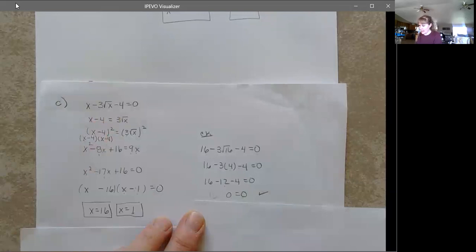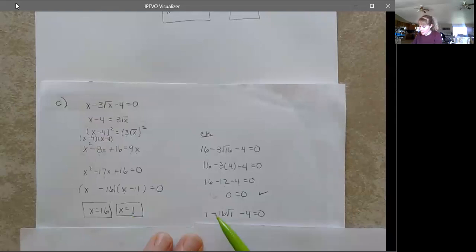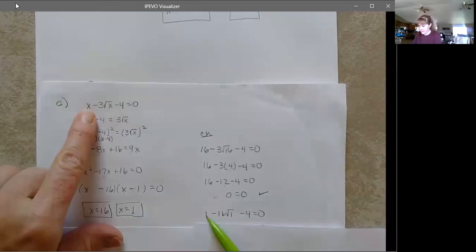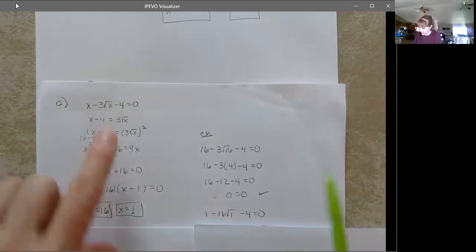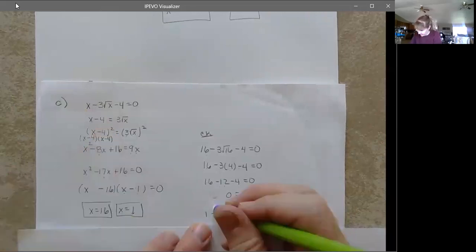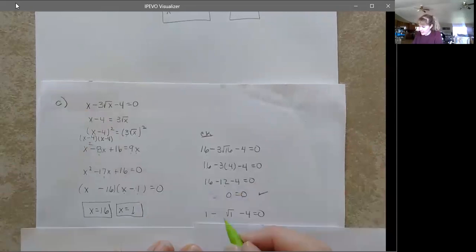Now put in the positive 1. So if I put in 1 for x, 1 minus 3 times the square root of 1 minus 4. Okay?